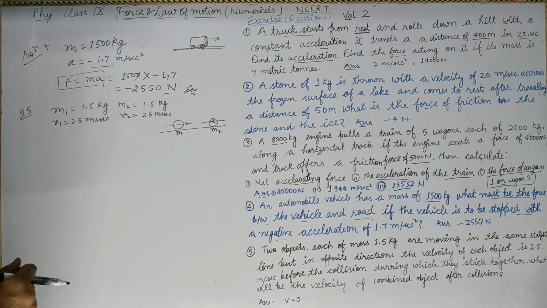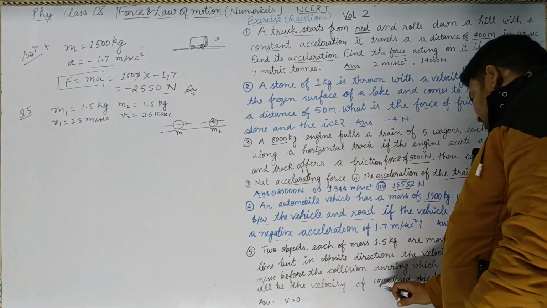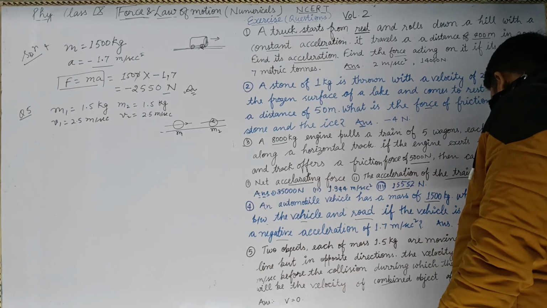Before the collision, during which they stick together, what will be the velocity of the combined object after collision? We have to find the velocity of the combined object after the collision.